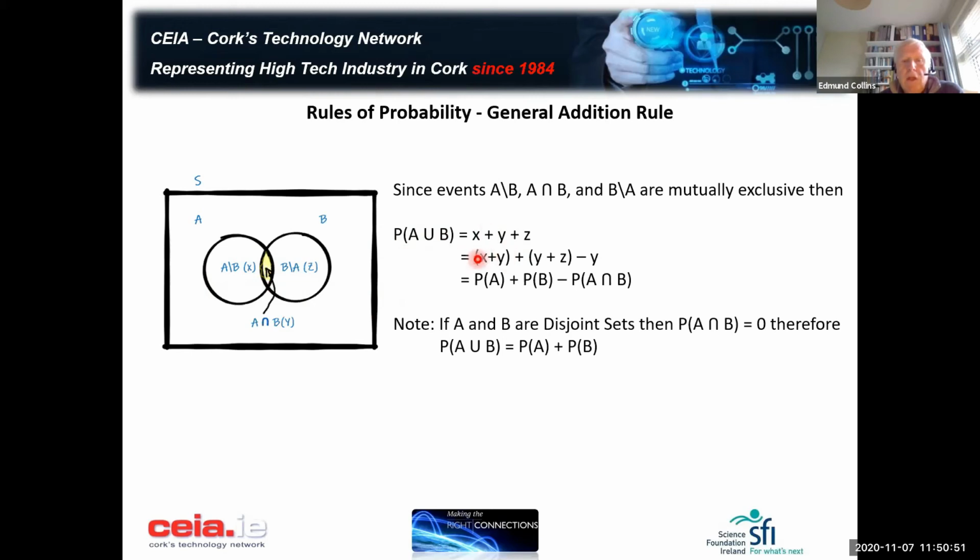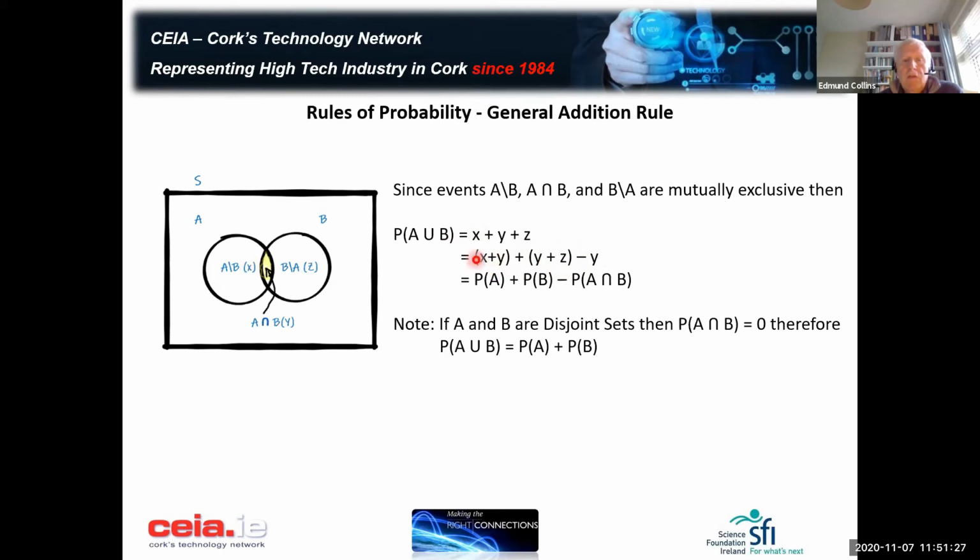Now, if we rearrange this, we add x and y together, close the brackets, and add y and z together here and close the brackets, and then we add in another minus y here, because this line has to equal x plus y plus z. So we have a minus y here.